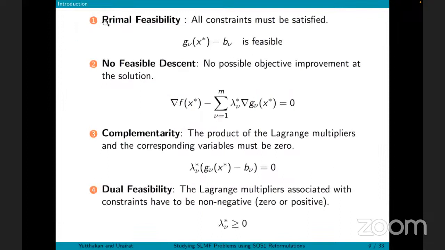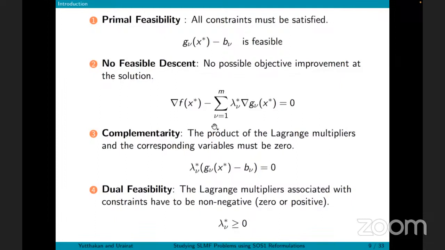The first is primal feasibility: all constraints must be satisfied by this feasible point. Second, no feasible direction and no feasible objective improvement at the solution, defined by this equal to 0.